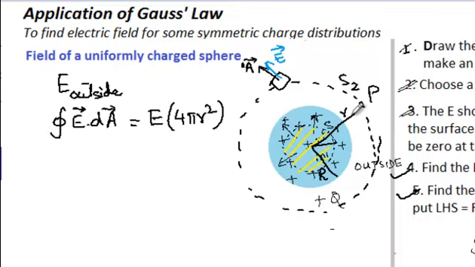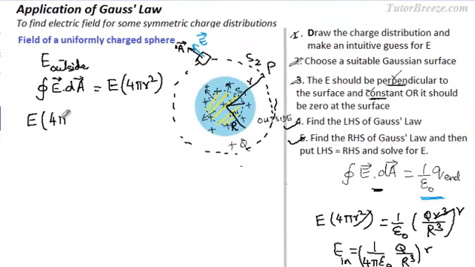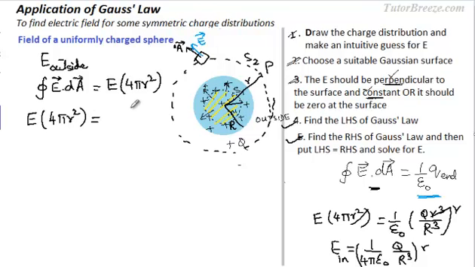Here the charge enclosed is the total charge Q, because the Gaussian surface encloses the entire charge Q. So putting this into Gauss's law, we get this equal to charge enclosed Q over epsilon naught, and this gives us the electric field outside the sphere as Q by 4 pi epsilon naught times 1 over r square.